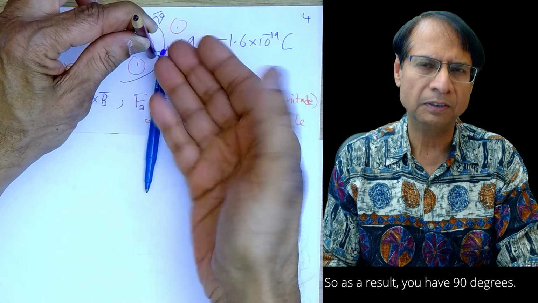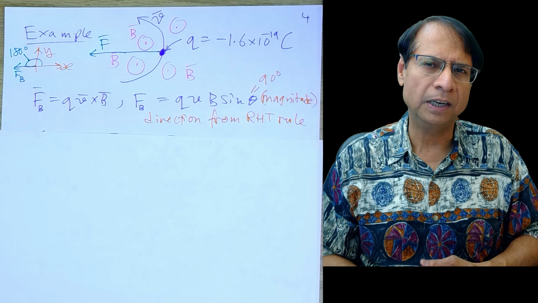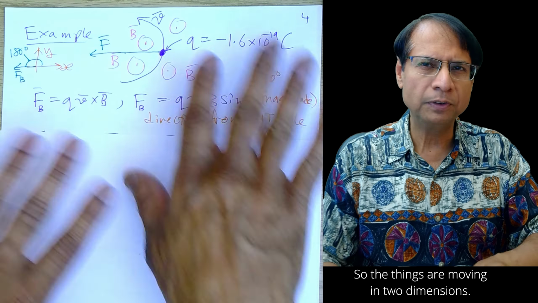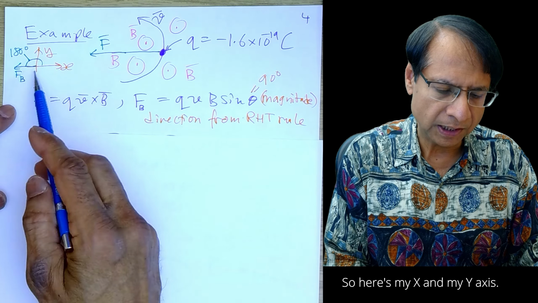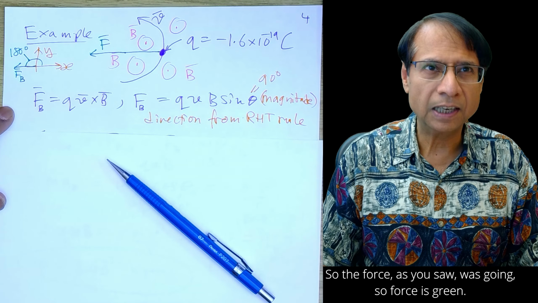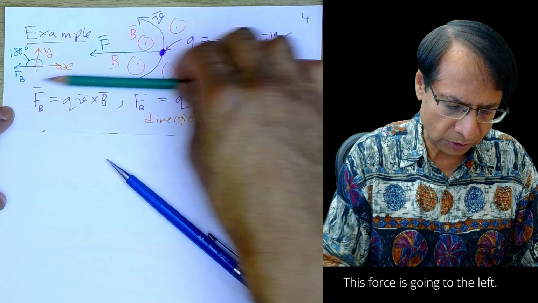So as a result, you have 90 degrees. That's good. Sine of 90 is simply equal to 1. Now break this force into vectors. The things are moving in two dimensions, so you want to be clear what direction means what. So here are my x and y axes. The force, as you saw, is green. This force is going to the left.